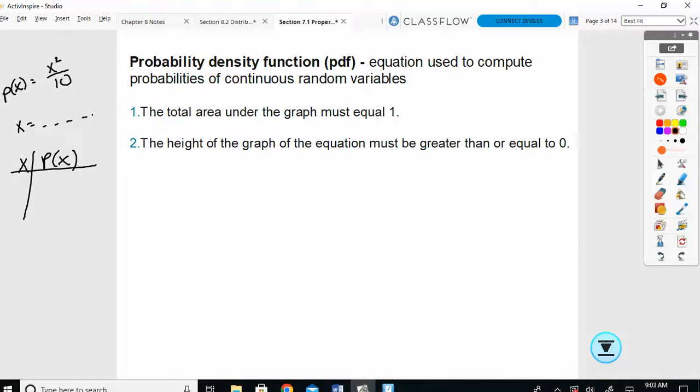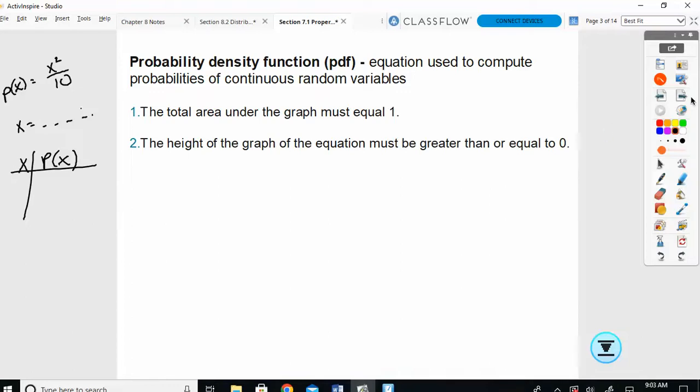It still has to be true that the area of the graph, or the total probability, has to add up to 1, and everything has to be positive. We can't have a negative probability. So those stipulations are still true. Since we can't list out all the values of x in a continuous function, we won't be seeing it as a table like this. We will be seeing a graph.